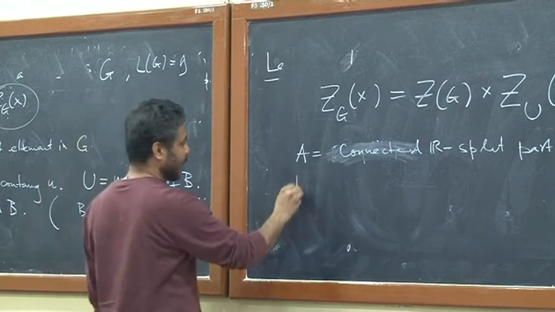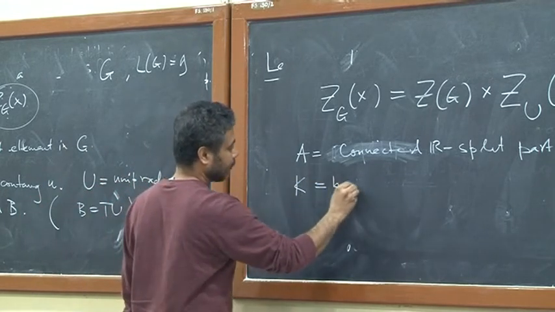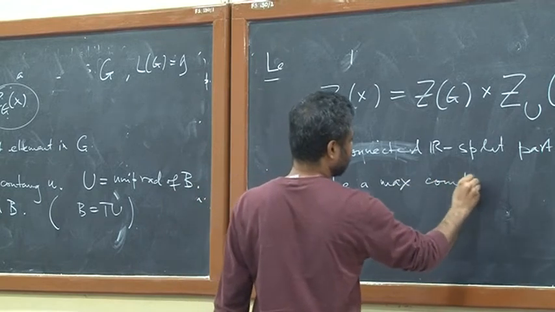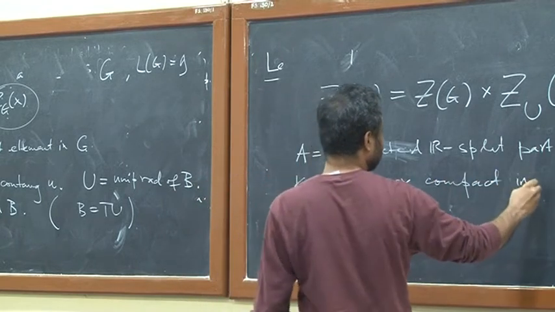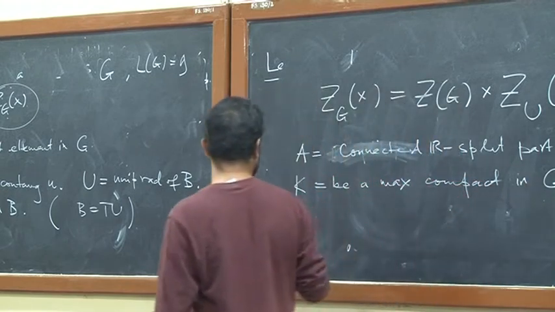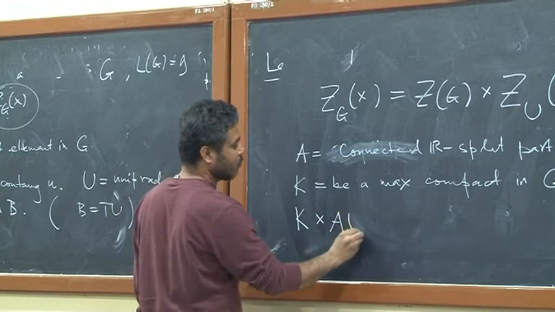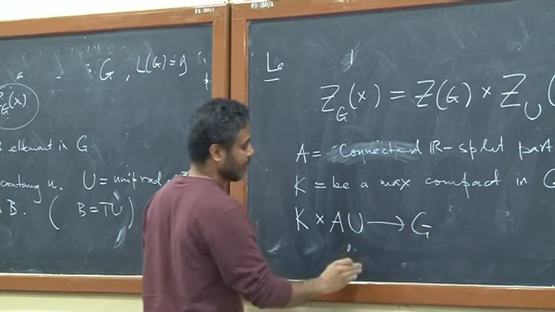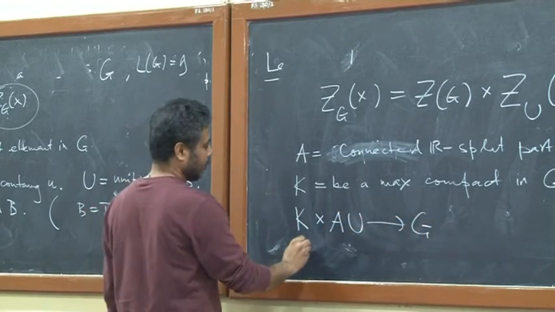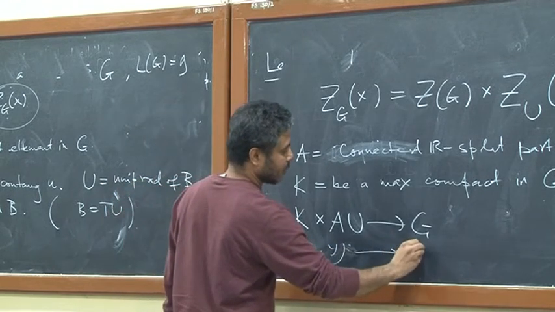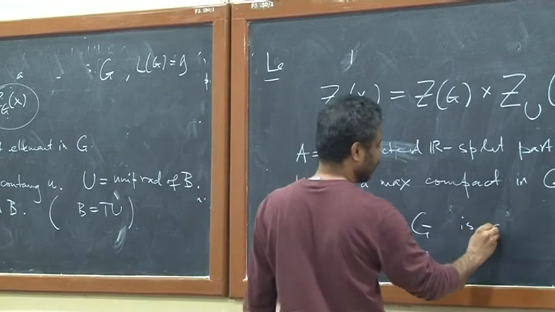Then I take K to be a maximal compact subgroup of G, then note that we have this K times A times U, G, I have this.